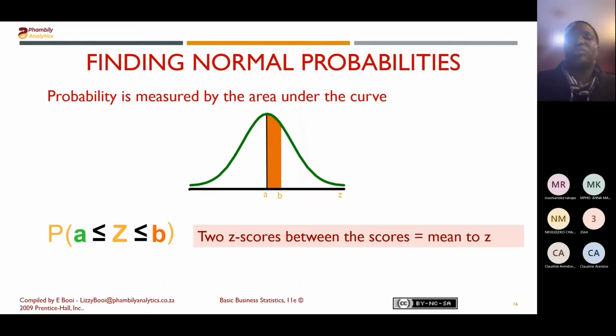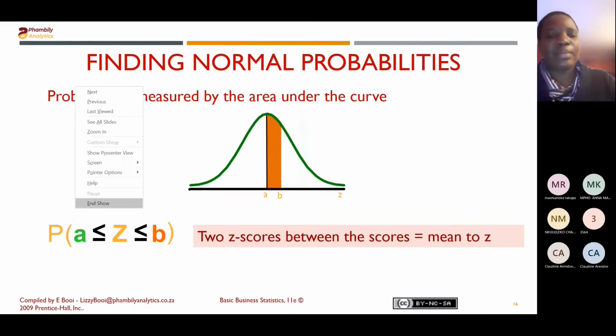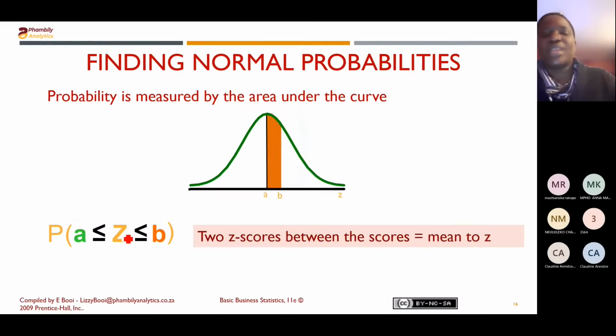So how do we then find the probability of between? If we need to find the probability where Z lies between two values, say it lies between A and B, we're going to shade that area. We can see that it is just the small area.